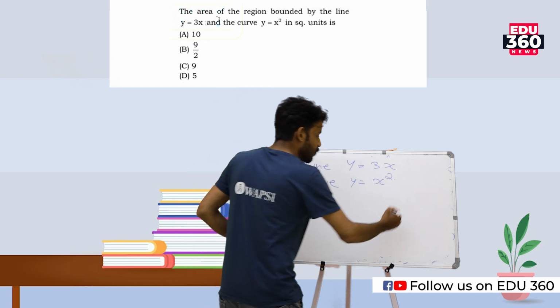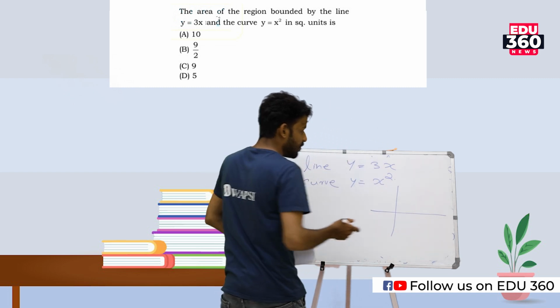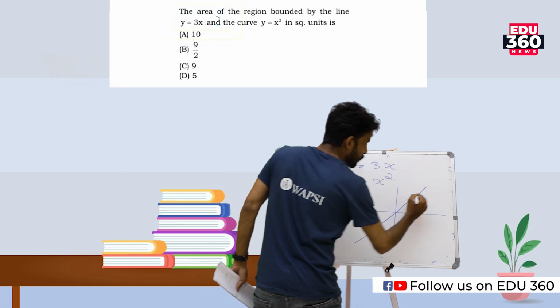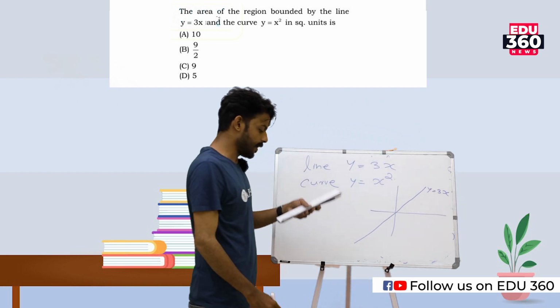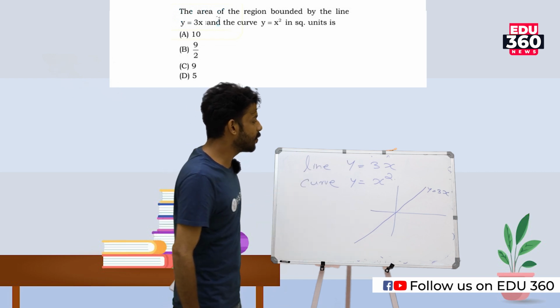So first of all, just draw the x and y axis. Here, this is the line y equal to 3x. And the curve is y equal to x square.